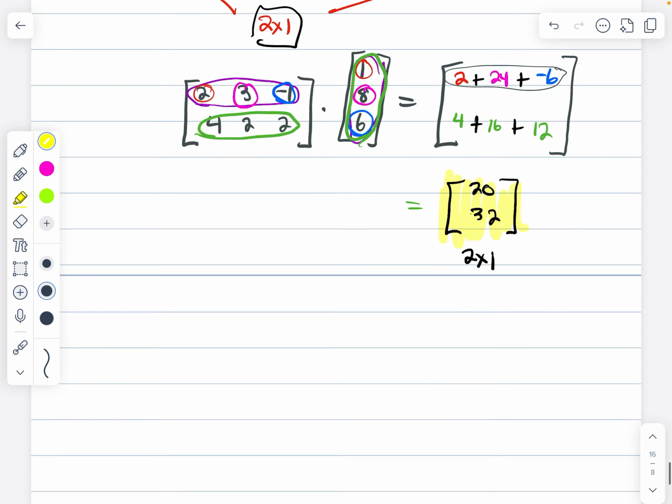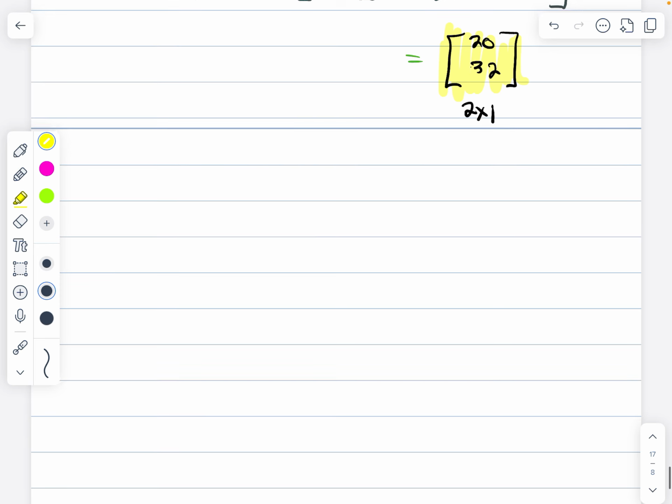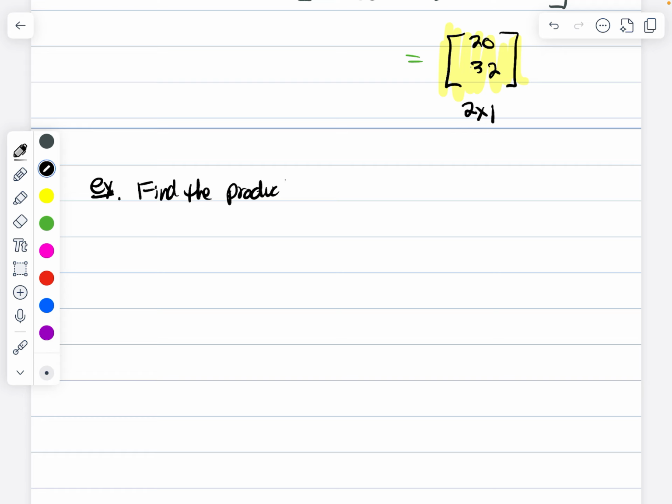All right, it does get a little bit more complicated as you go, but the main thing is still the same. You have to have the columns of the first matrix match the rows of the second matrix. So let's say for another example, we want to find the product CD of the matrices.